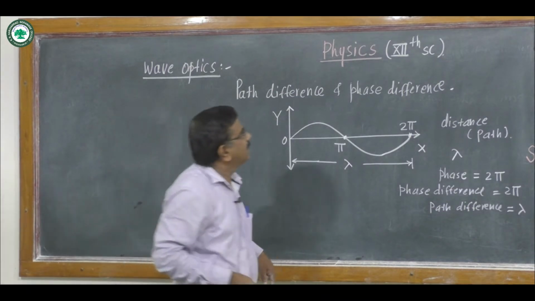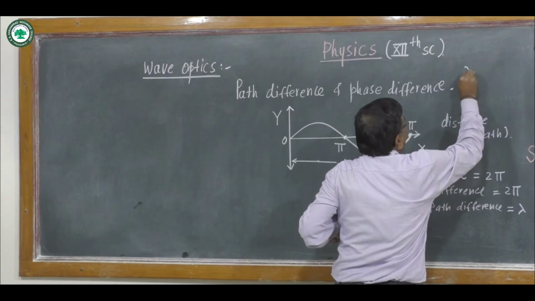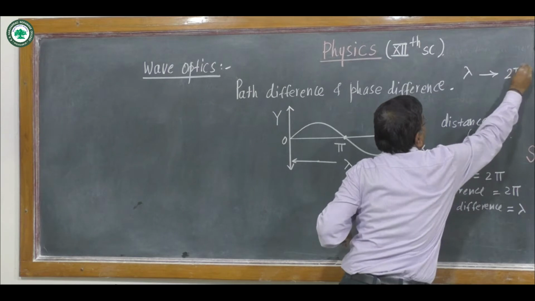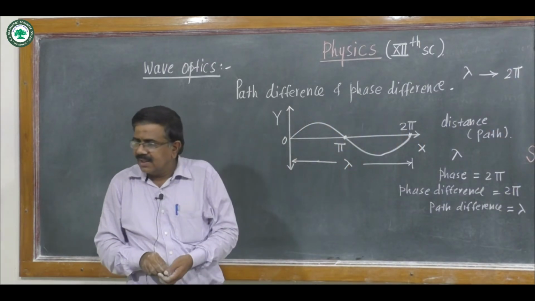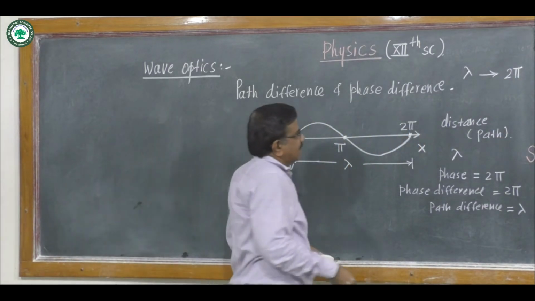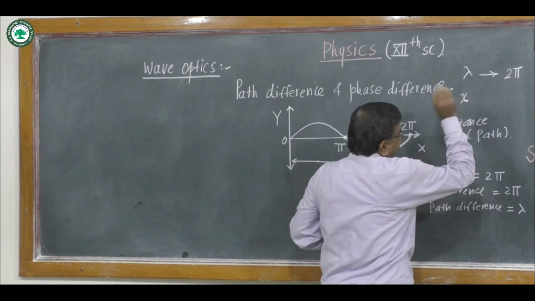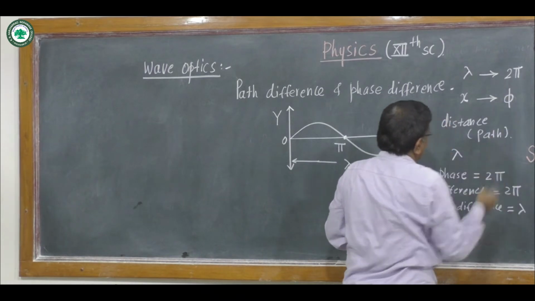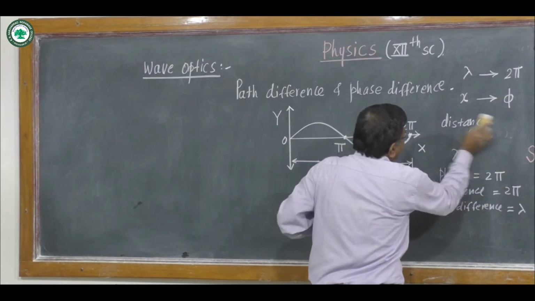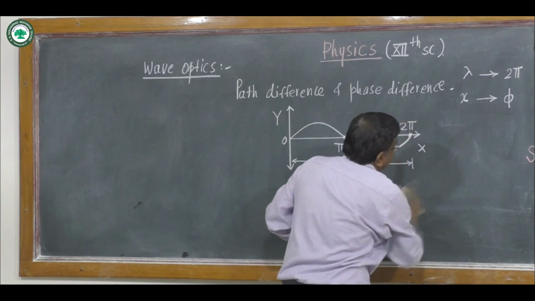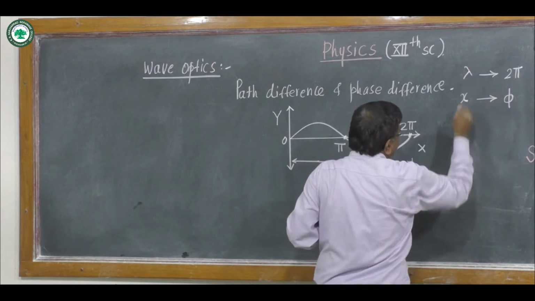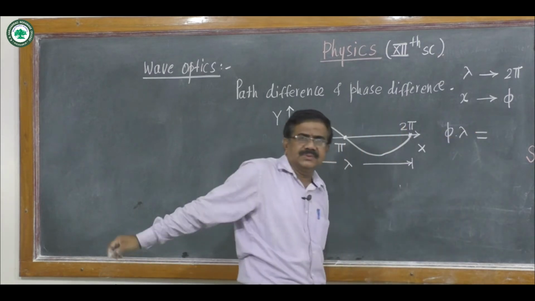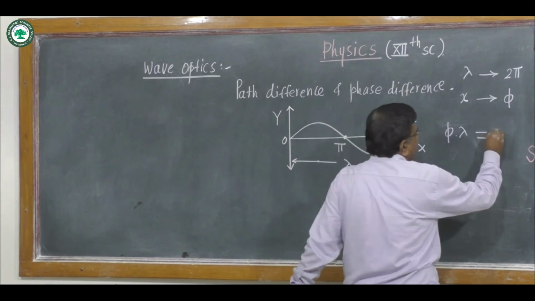It means lambda path is equivalent to phase 2 pi radian. If path is x or distance is x, suppose phase difference is phi. So phi into lambda is equal to 2 pi x.